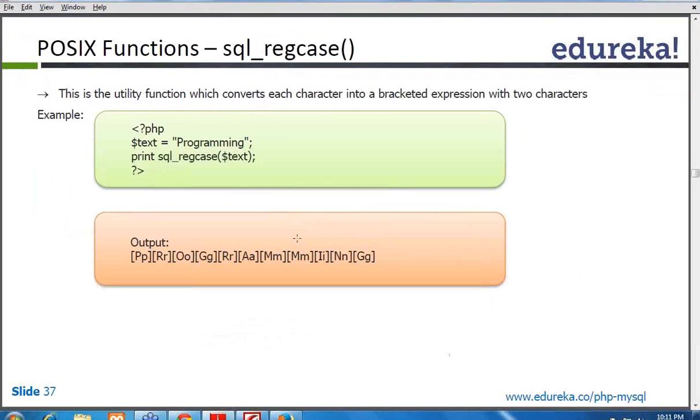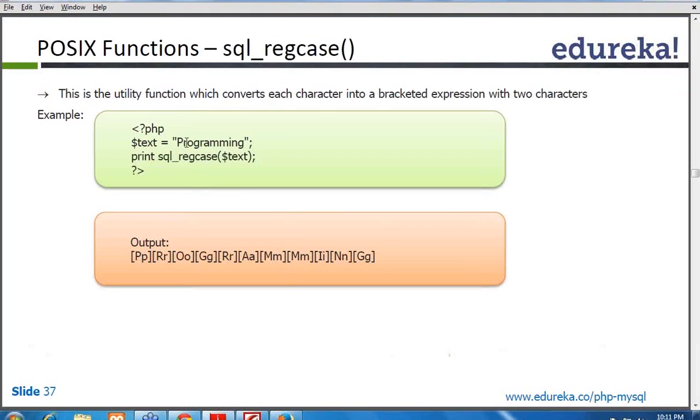Okay, next is POSIX function that is called SQL_reg case. This function is basically to return each character of a string into groups of or bracketed expressions of capital and small letters.